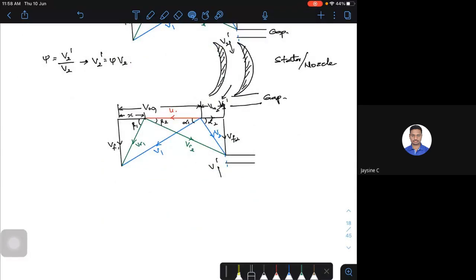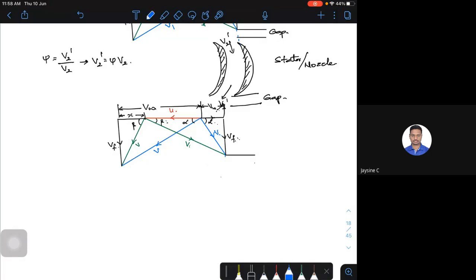So this velocity is what I'm looking at. All these velocities are going to change. If I take that as some 3, this as some 3, this is my velocities. Let me try to look at what these velocities are.